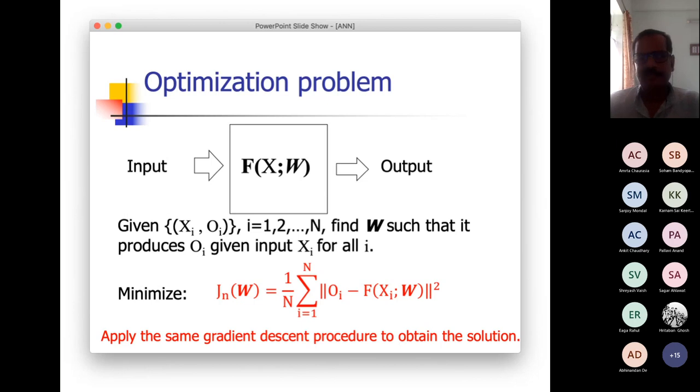Now, in many cases, the gradient is computed empirically. In some very complex models, let me explain what empirical means.